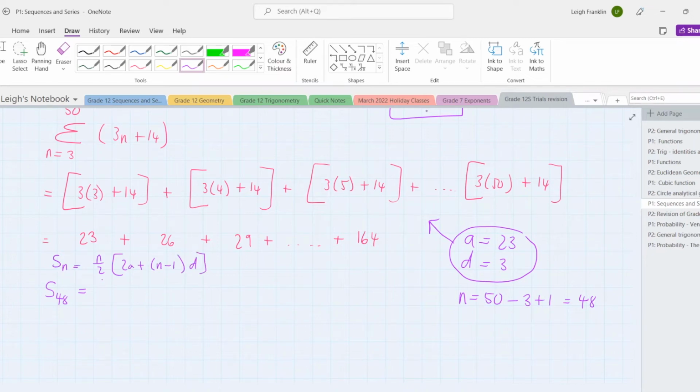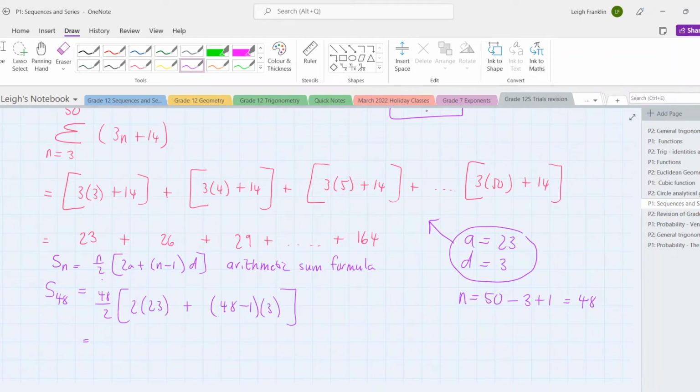Okay, that is your arithmetic sum formula. So the sum to 48 is going to be 48 over 2, times 2 times a, which is 23, plus n minus 1, so that's 48 minus 1, times d.